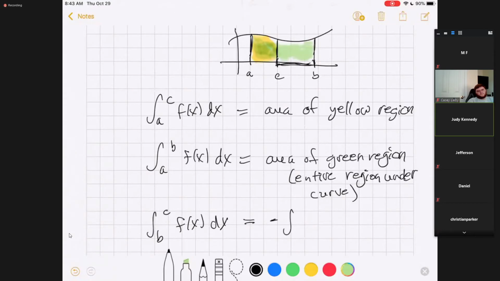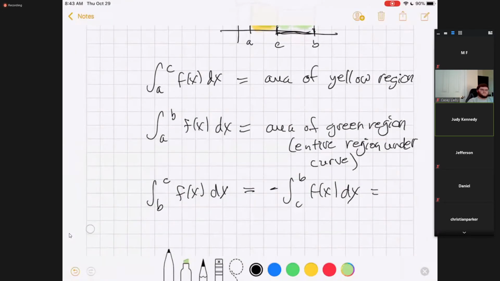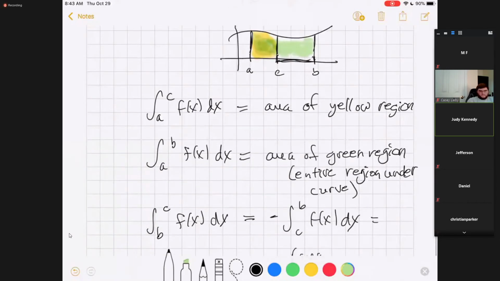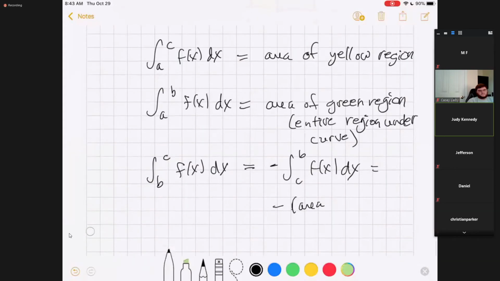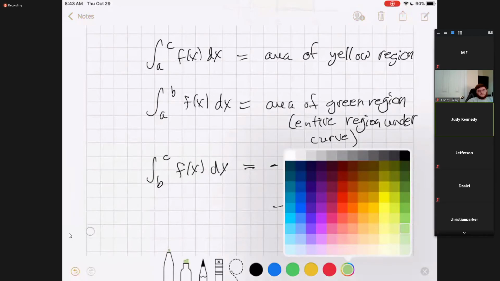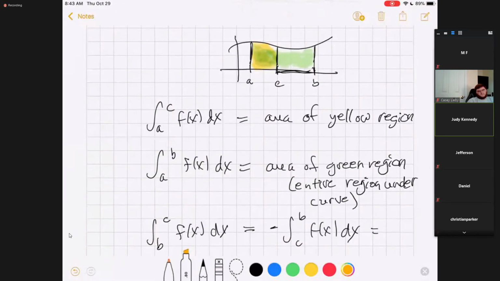This would be minus the integral from c to b of f of x dx, which is minus the area of, I guess I need another color, that region right there.